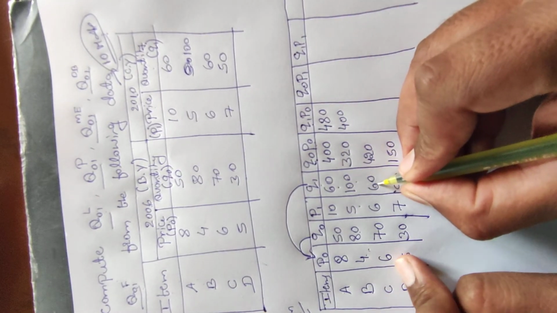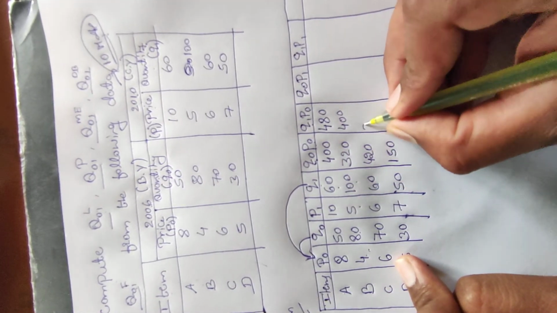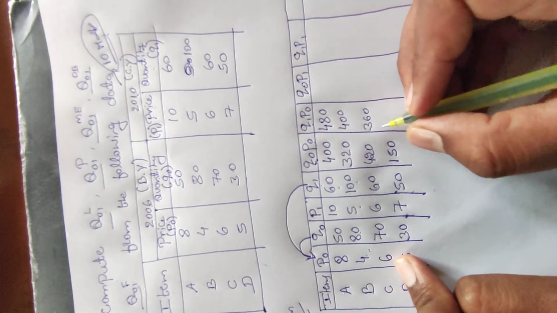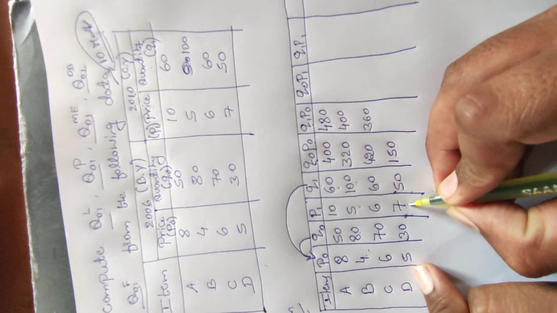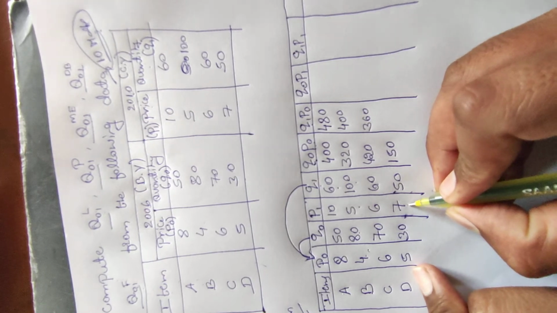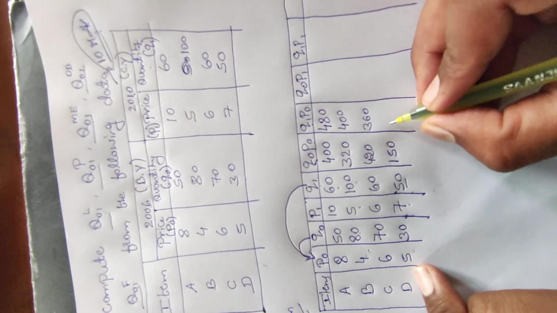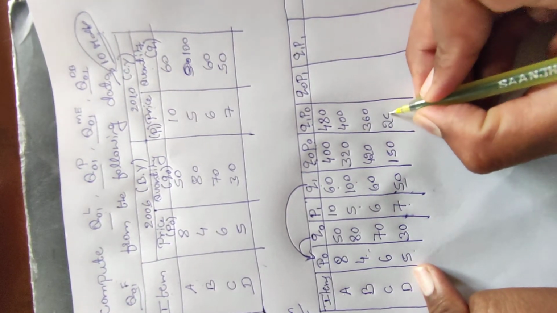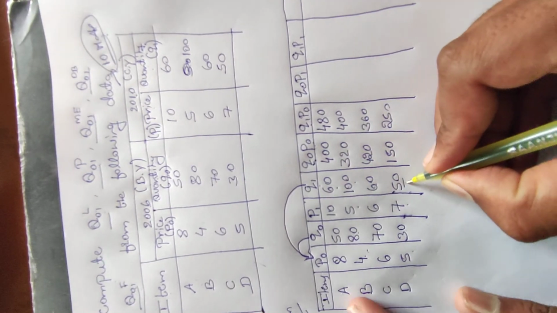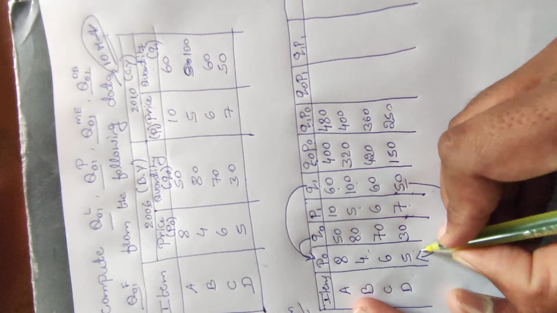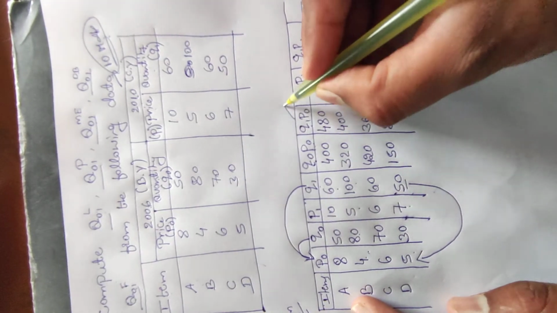Next, 60 into 6, we get 360. Next, 50 into 5, we get 250. So the multiplication of Q1 into P0 is over.